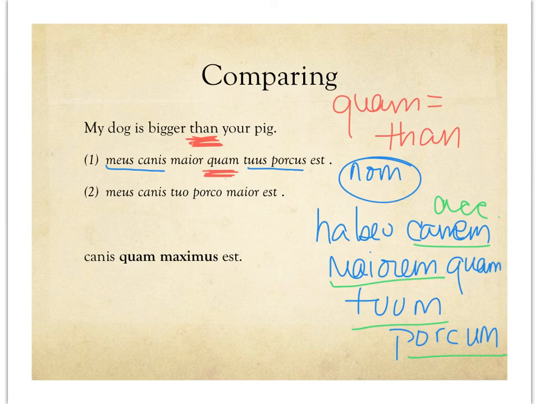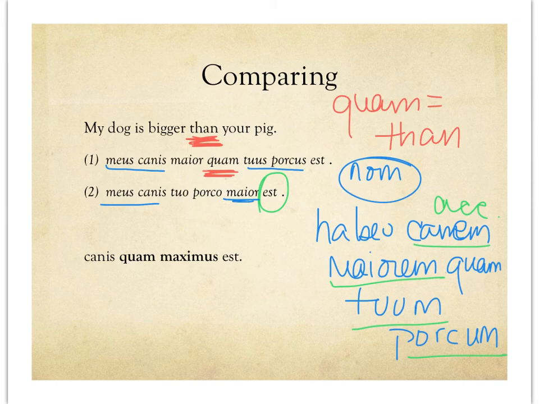But the other thing that we can do, and this is really super, super common, is that we can just put that thing that we're comparing into the ablative. Here you can see meus canis, that is exactly the same. Est is exactly the same. Maior is exactly the same.